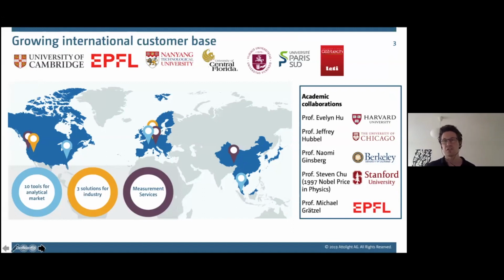By analytical, I mean either academia or companies that provide some services for cathodoluminescence spectroscopy. We have 3 tools in industrial surroundings. Those are tools that are fitted for industry that can accept full wafers up to 300 millimeter in diameter. And we also provide service measurements on 3 continents.